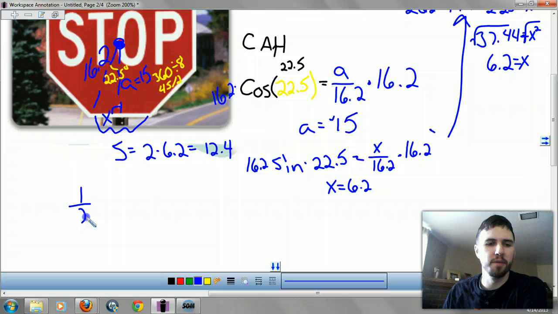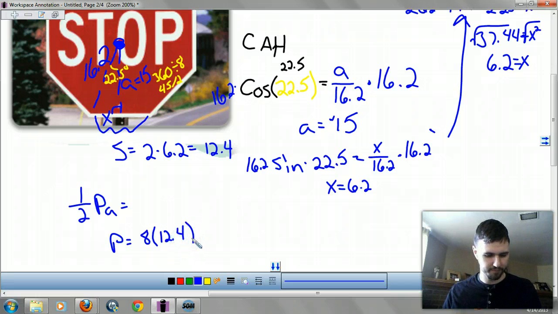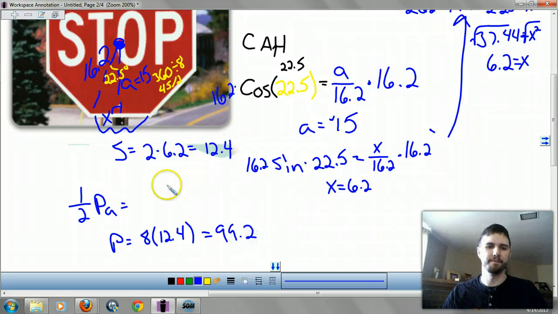So if my formula is 1/2 perimeter times apothem, well, my perimeter, I have 8 sides. Each one is 12.4, right? So it's 99.2, right?